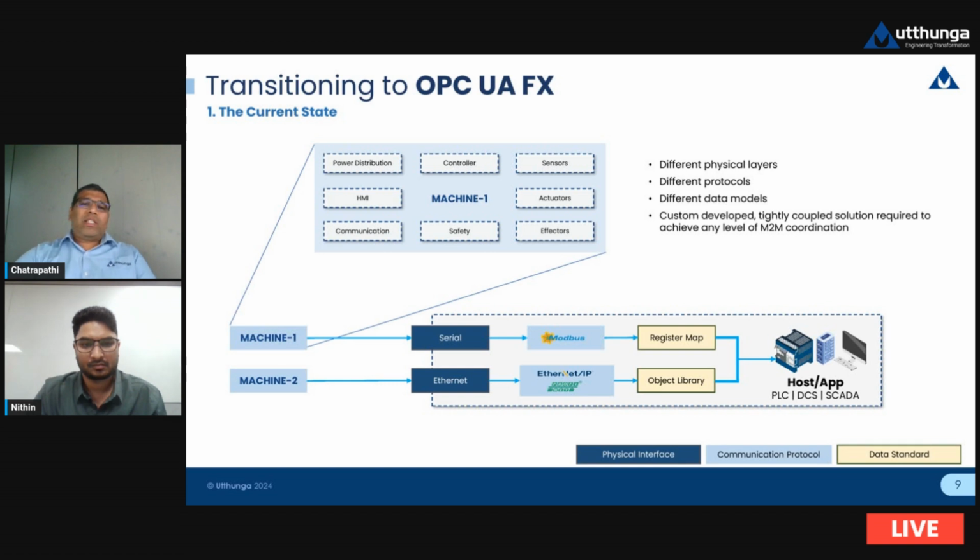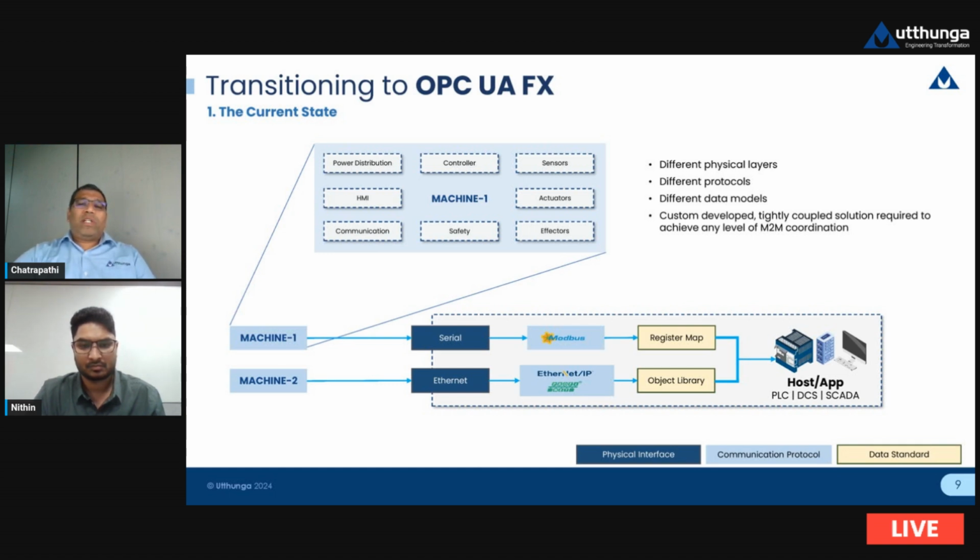Here, when you look at two machines, right? When you are talking about a machine, it is mostly the main controller of this machine, which has a connection to the rest of the plant in terms of connection to a SCADA system.